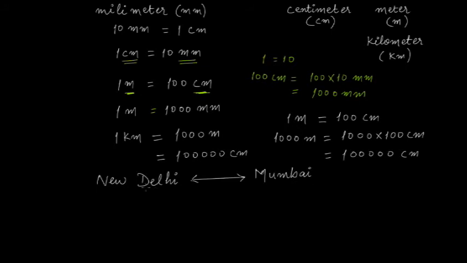Whatever the distance would be, somewhere 4000 kilometer or so. So kilometer is used for larger distances. You will not use kilometer to tell the thickness of a book, saying my book is this many kilometers thick. No, there you will use smaller units like millimeter.